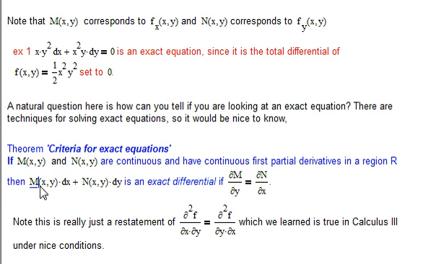And so in other words, we're saying the partial of this one with respect to y should be equal to the partial of this one with respect to x, because nicely behaved functions act that way.